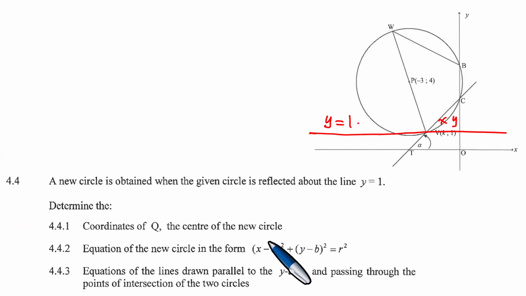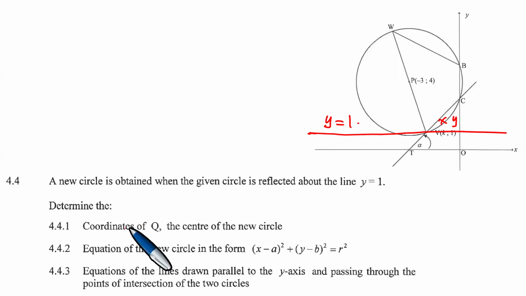Now, I want us to look at this carefully. This new circle is obtained when the given circle is reflected in the line y equals 1. So if you reflect in the line y equals 1, what do we get? We're able to get a couple of things.